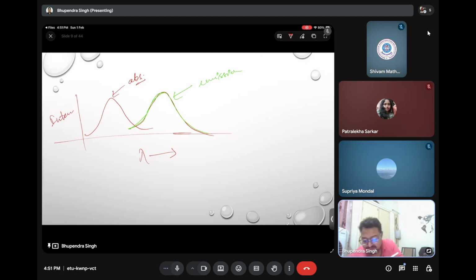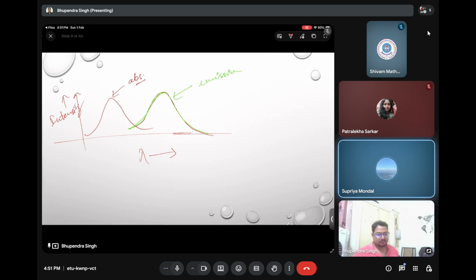Just tell me that first of all, or have I indicated opposite? Whatever I have said, the absorption is the first one, emission is the second one. So you are also agreeing with this. Yes, perfect.